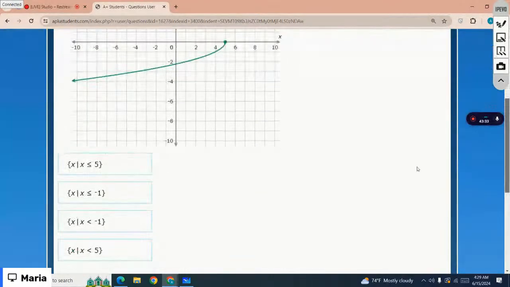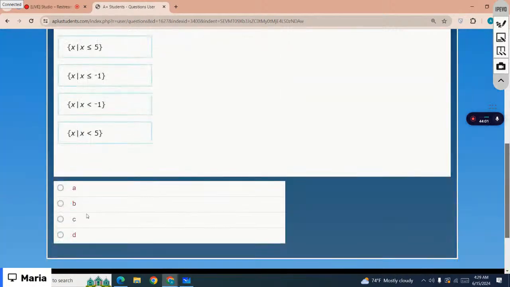So that means x is such that x is less than or equal to 5. Option number 1 is the correct option.